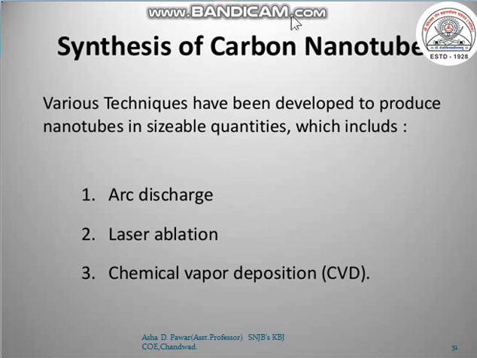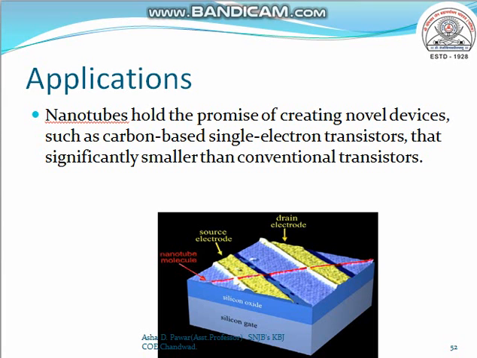So synthesis of carbon nanotubes can be done in the laboratory by using three different methods. Only the names are included in your syllabus: the arc discharge method, the laser ablation method using a laser, and the chemical vapor deposition method using various chemicals like hexane, benzene, natural gas, etc. That method is used to produce nanotubes in sizable quantity, and along with nanotubes sometimes fullerene may also form.